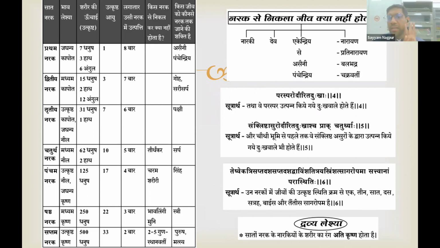So first, second, and third Narak: at those places, these Asur Kumar Devas go and create violence. Rather, in fourth, fifth, sixth, and seventh, people are self-violent. They do not need anybody else to teach them to create violence. Generally this happens in our classes as well.